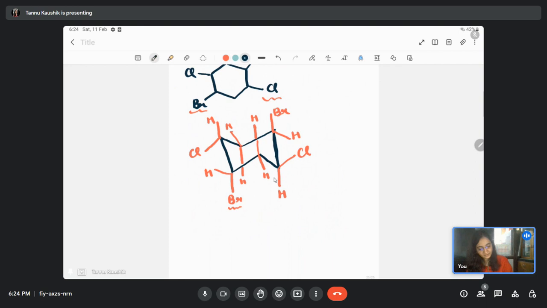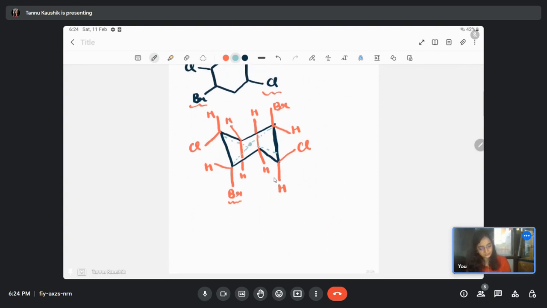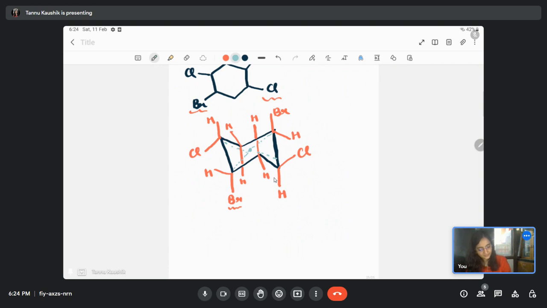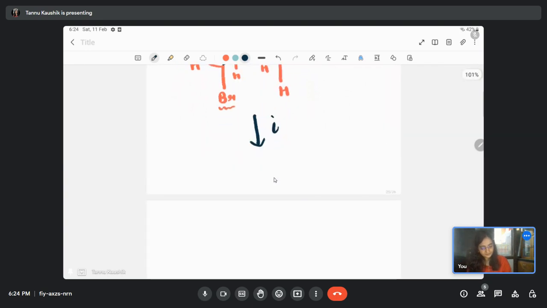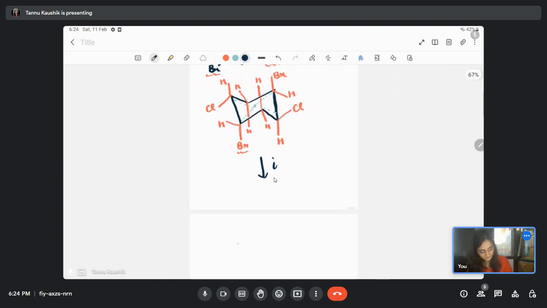So here we can see we have an inversion center present in this molecule. So how will we get the configuration after this?